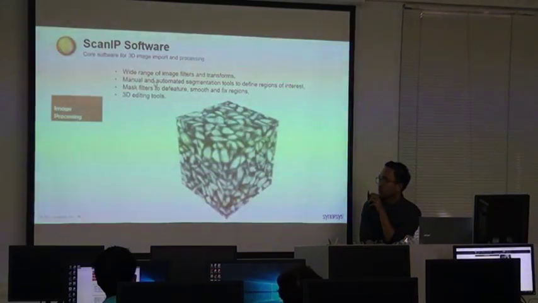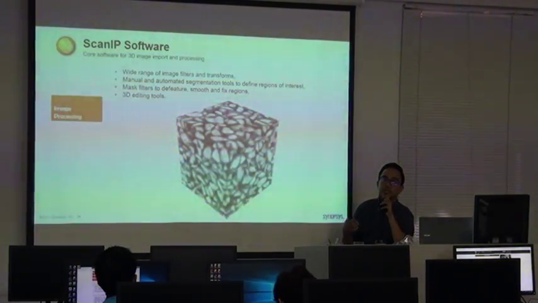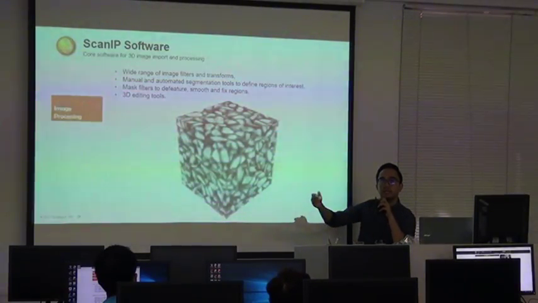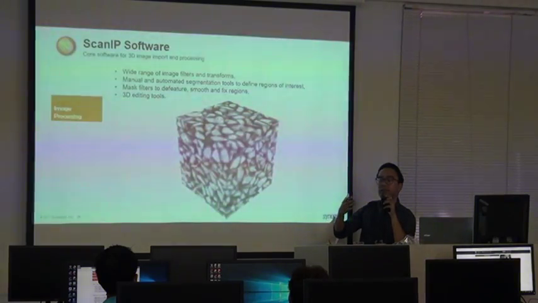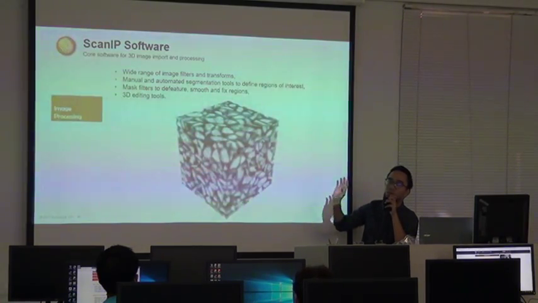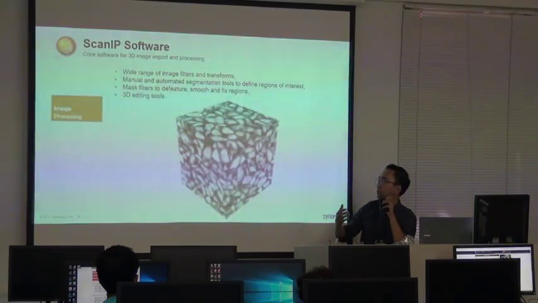Using Scan IP, it will allow us to do image processing. As an example, if the images that you obtain from the scanning process have very low quality, we have a tool that will allow us to fix the images so that we can do segmentation and generate the 3D model.